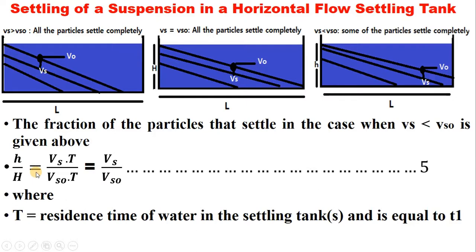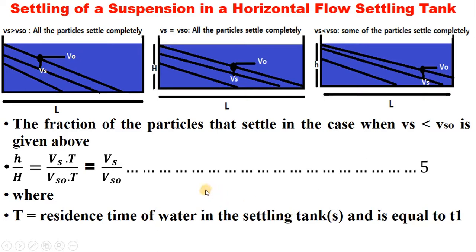It is equal to the settling velocity multiplied by the residence time, all over the surface loading velocity multiplied by the residence time. So when you cancel out, you only have the settling velocity all over the surface loading velocity, which is equal to this all over that, where T is the residence time of water in the settling tank.